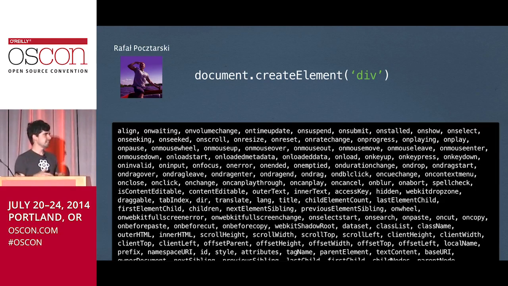And Raphael on Stack Overflow as well has a very good illustration of it. If you look at all the attributes for an empty div, you're going to see a lot of them. It goes on and on and on. The reason why is that the DOM element is actually a very complex element. It contains all the event interactions.